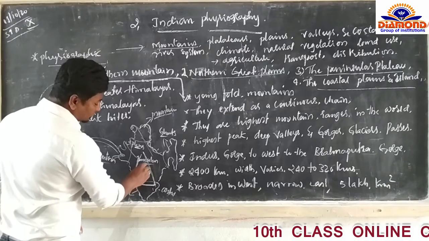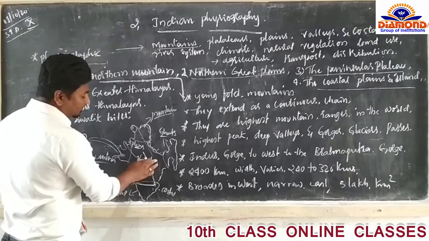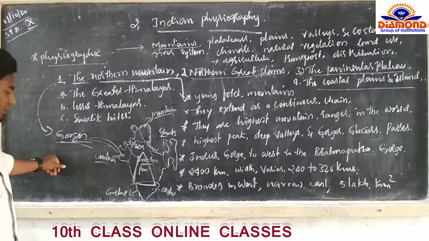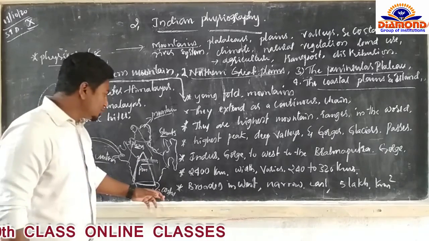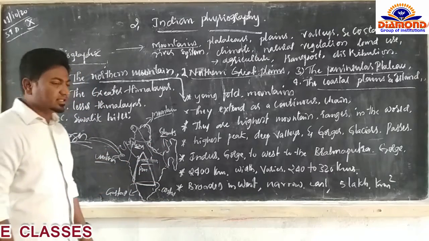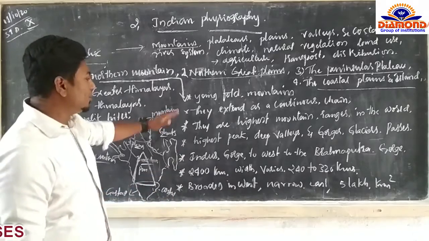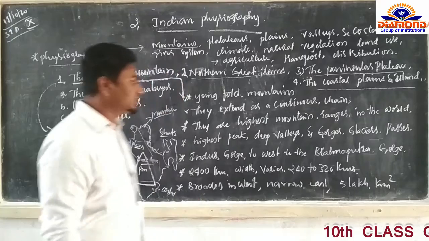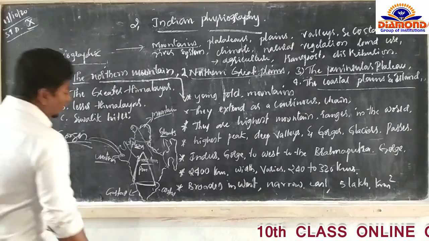This is known as the peninsula. The triangle between the country, the peninsula band, coastal areas, Ghats areas, eastern lowlands, valleys. So we are talking about the highest peaks, deep valleys, and gorgeous glacier passes.